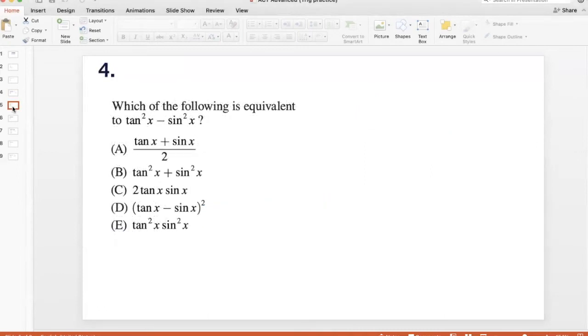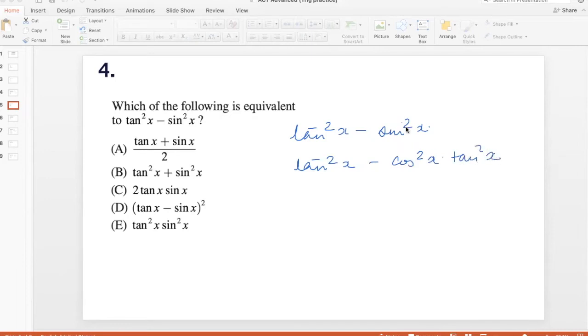Question 4, which of the following is equivalent to tan square x minus sine square x? So I can write tan square x minus sine square x as tan square x minus cos square x into tan square x, because sine x is cos x into tan x.